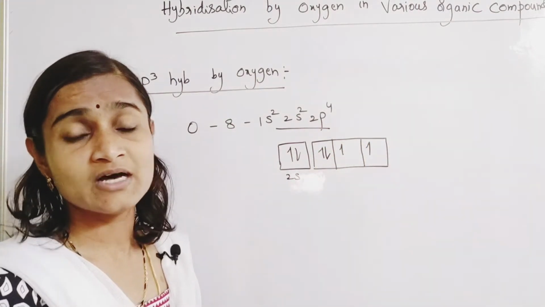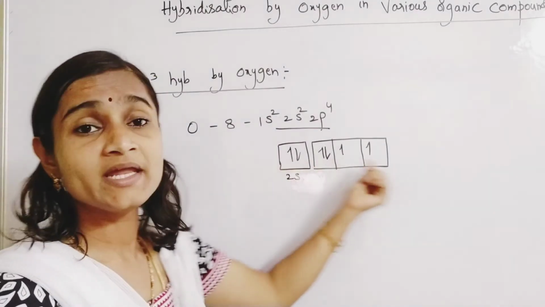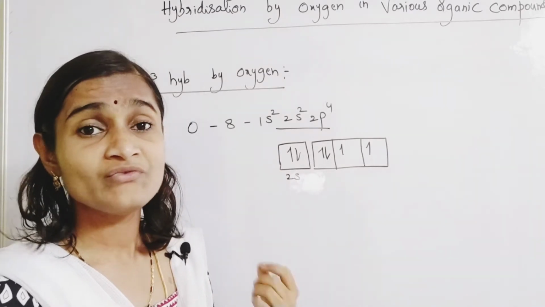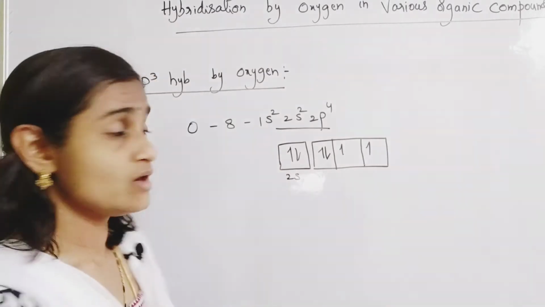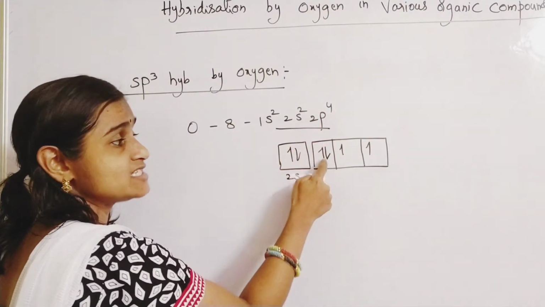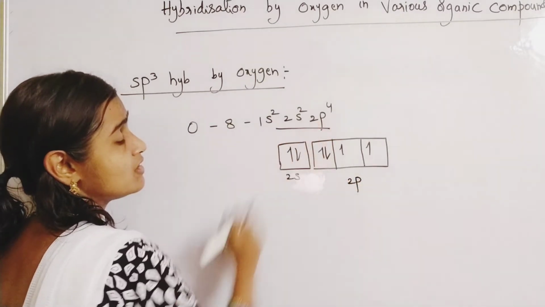This is Hund's rule: electron pairing occurs only after all the available degenerate orbitals are filled with 1 electron each. Based on that, 1 electron has been filled first and then it gets paired up. So this is the 2p orbital of oxygen.